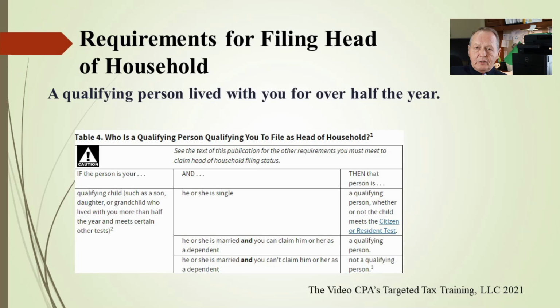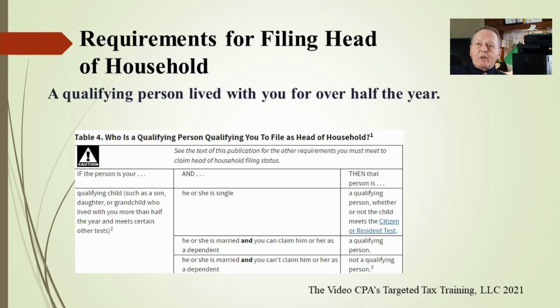If he or she is single and they're living with you, like I said, they're going to qualify, even though they may not be a resident or a citizen. But if they're married and you can claim them on your tax return, then you can qualify them. Then it's a qualified person. If they're married and you can't claim them on your tax return, well, then it's not a qualifying person.